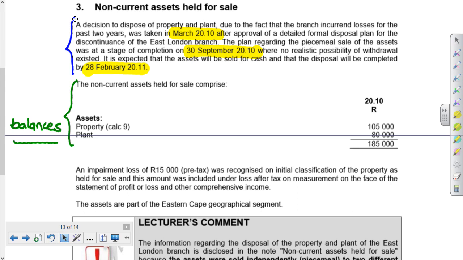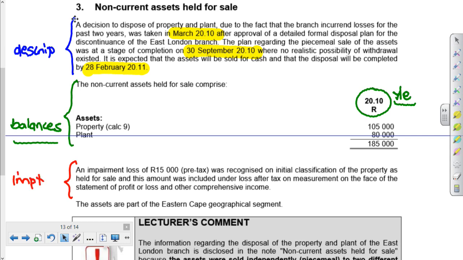And remember, these balances are the year end balances, and these year end balances would be at the lower of carrying amount or fair value less costs to sell. And then the third thing that you need to put in, so the first piece is descriptive, the second piece is the balances, and the third piece is about the impairment.